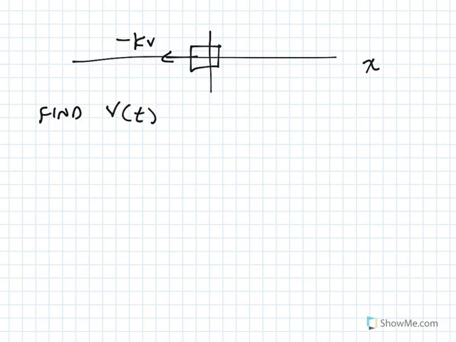Let me write Newton's second law again, starting from scratch. Net force is ma. The net force is just minus kV, and a is dv dt.